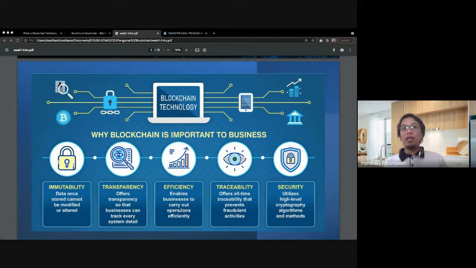So I think it will change the way we build or develop enterprise systems, because in the blockchain we have the opportunity to be more efficient.